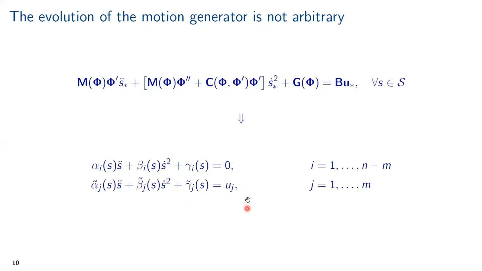So basically, for m of these, we can have any evolution of s as we want within the bounds on the actuators, of course, but still we can just choose u in order to get the desired behavior as we want, more or less. But if we have underactuation, we will have n minus m equations whose right-hand side is 0, and which then determine all the possible evolutions of this motion generator s, meaning that its time evolution cannot be arbitrary.